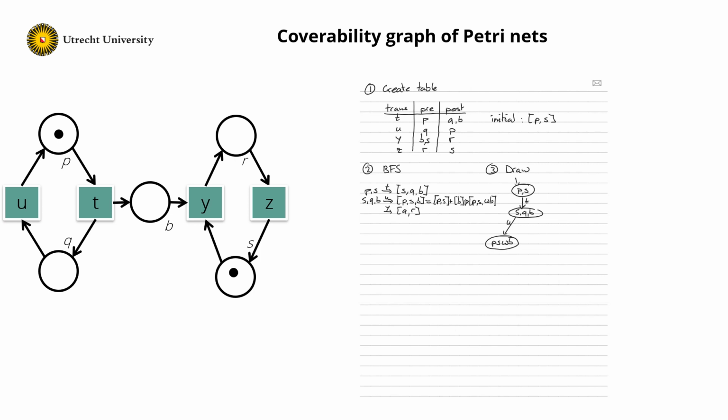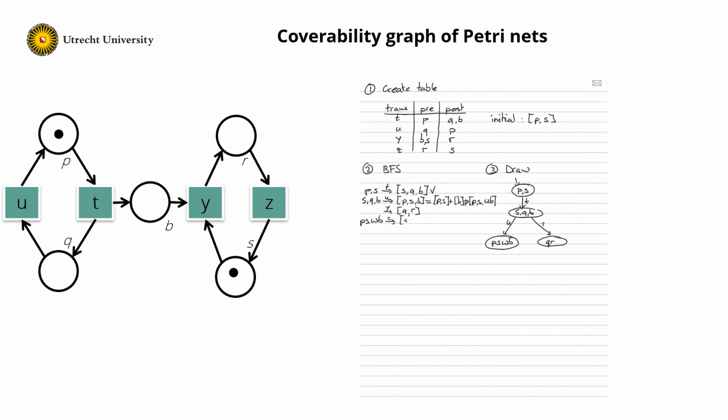And I could also fire Y. And it brings me to the state QR. So SQB is now done. And I move to PS omega B. So transition T is enabled.